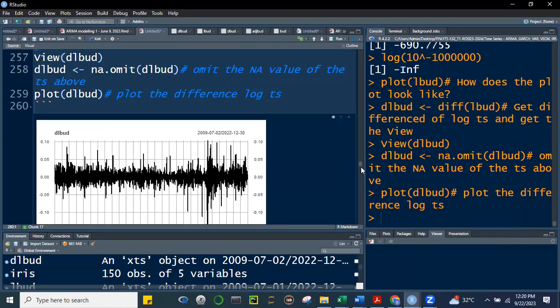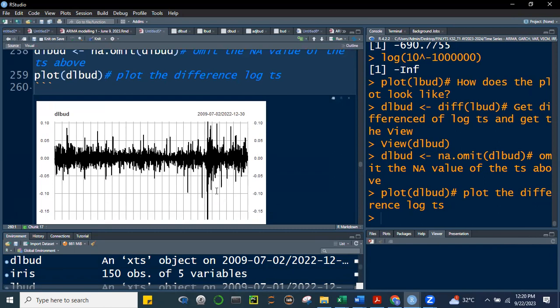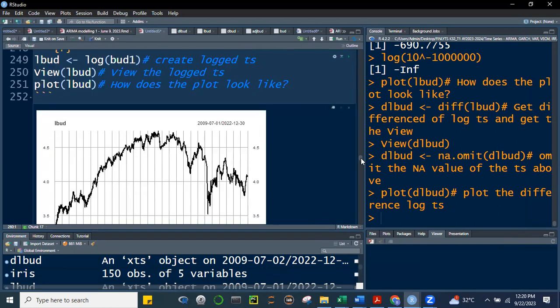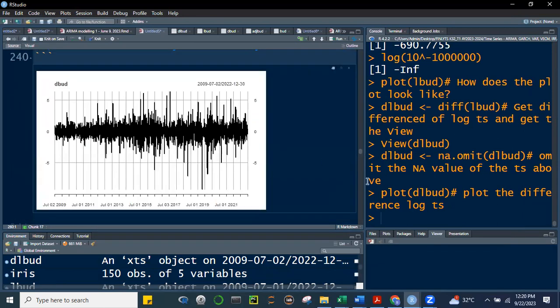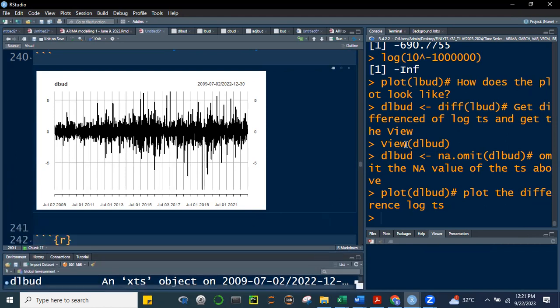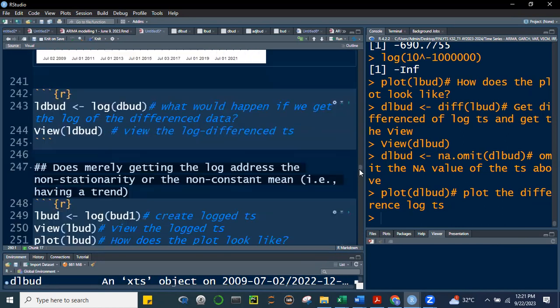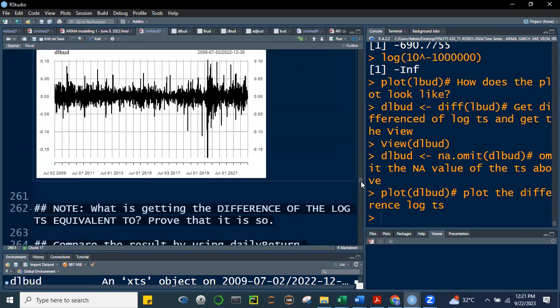So the only difference is that dito sa difference ng log data, notice, ano nakita nyo difference class versus this one? Can you comment class on the difference between the plot of the difference bud data and the difference log data, class?